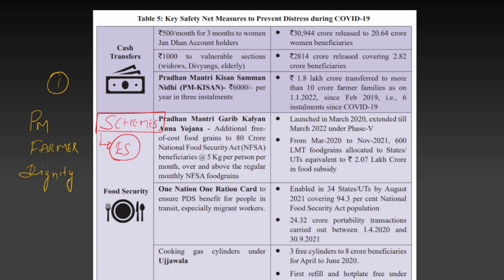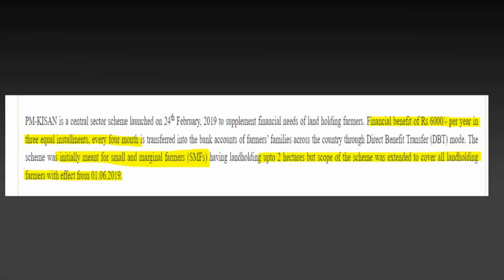Understand one thing very clearly. When you are talking about a scheme, you should always think about a very few things only. You cannot remember every little detail of the scheme. What you have to know is the objective of the scheme. There will be so many schemes. The primary difference between all these schemes would be the objective that the scheme is referring to, and who the beneficiaries are, because each scheme will target something.